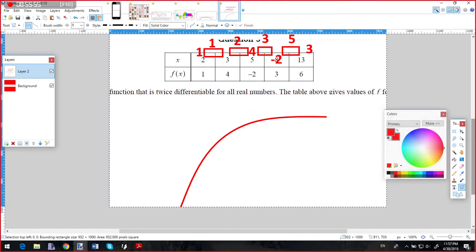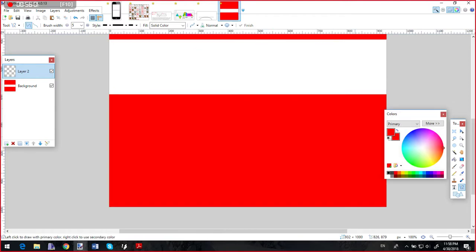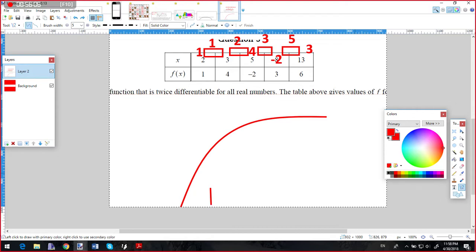If I had a line tangent to the curve, we'll say this is 5 at this point, it could look something like this.